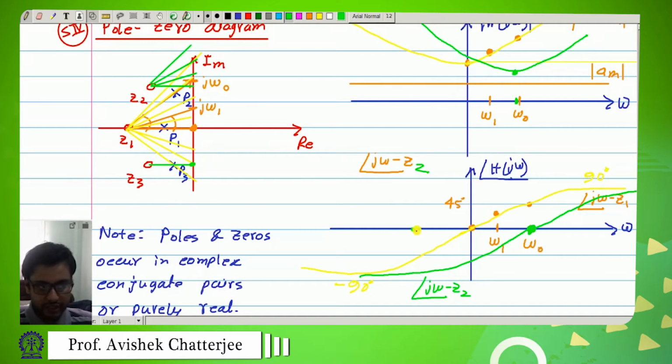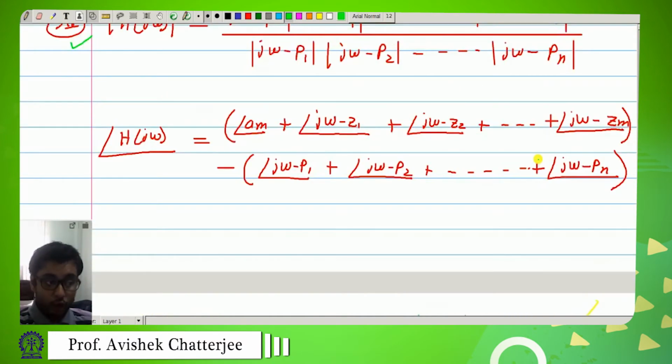After that it will increase, before that it will decrease like this, and finally you have to add all these terms to get the total angle of H j omega. Also you have to do the same thing for the poles and subtract them, then it will be complete.